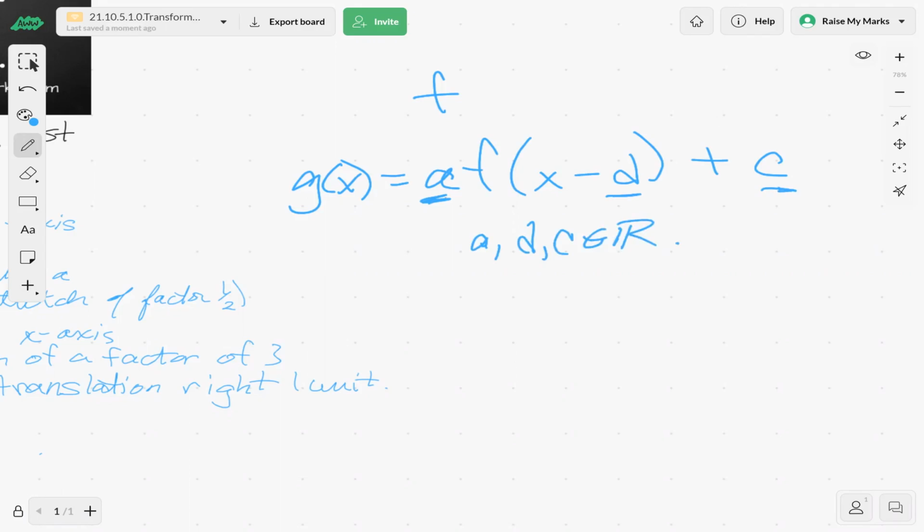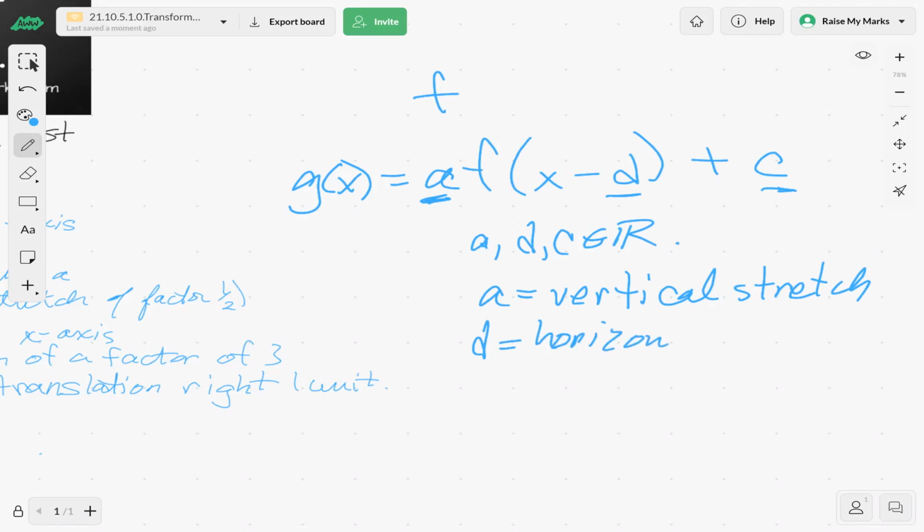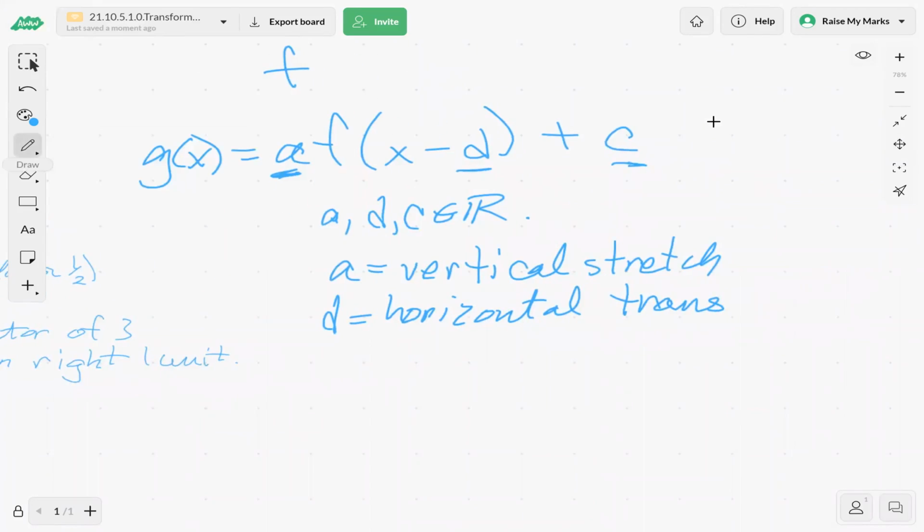Then a is a vertical stretch, d is a horizontal translation, and c is a vertical translation.